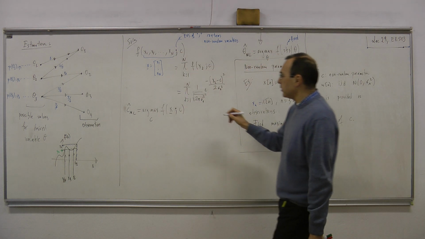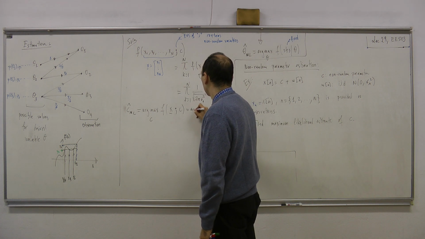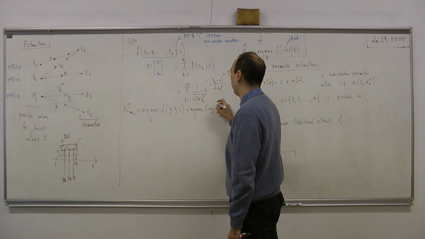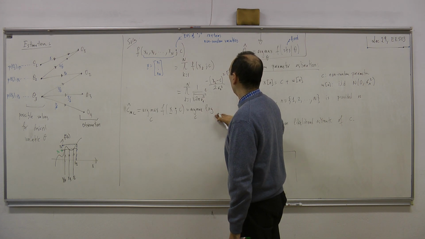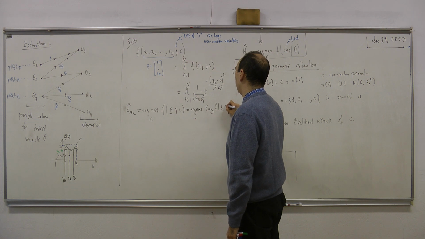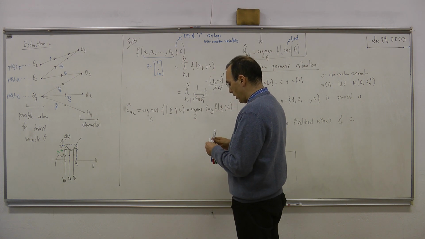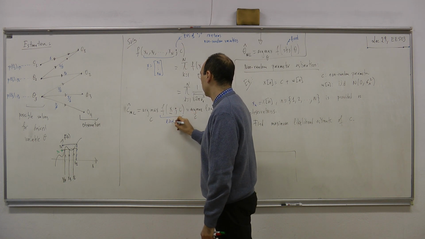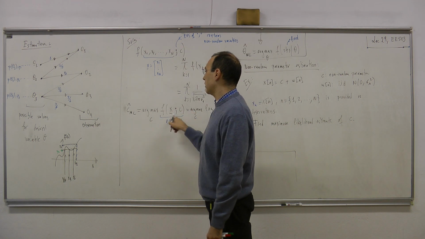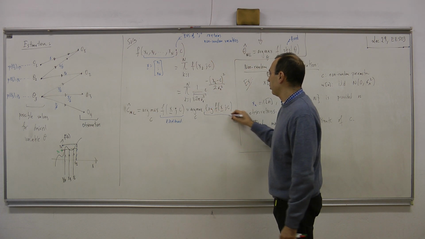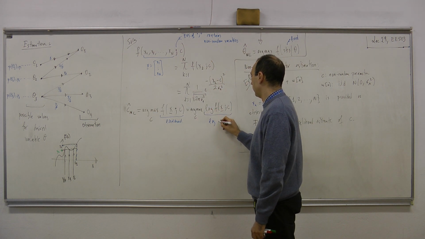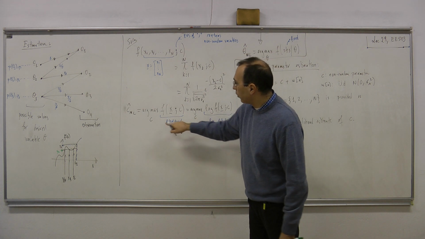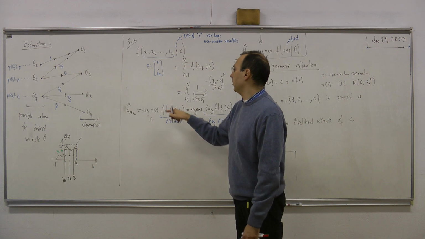Please note that I can also write this as arg max over C of log, well, there is only one term, f of x. This is called, as we have said, the likelihood, and we are maximizing the likelihood. This is called the log likelihood. So I am looking for the optimal value maximizing the likelihood.